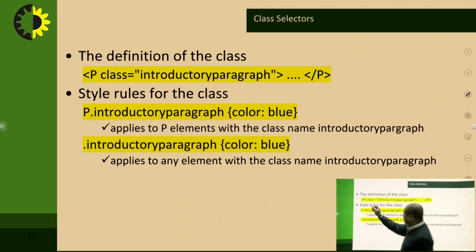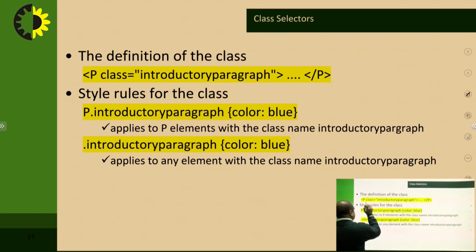So in P, we will define the P element with a class attribute equal to that particular value, introductory paragraph. Fine. Now, how are we going to apply it? We either use style P dot introductory paragraph colon color blue, or we can use the dot operator.